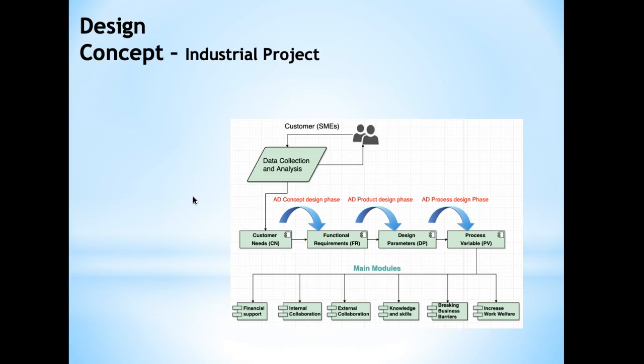From there, we get the functional requirements, then the design parameters, and finally the process variables. From the process variables, we identify 6 main modules that are now used to design the Interfirm e-collaboration platform.